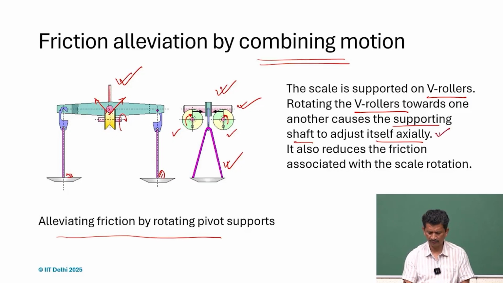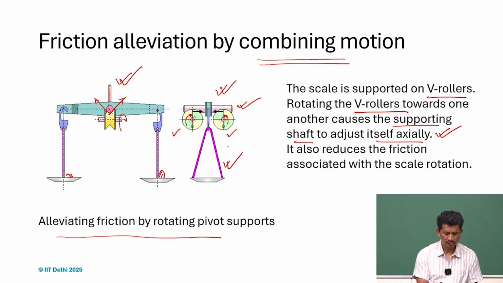So a very good design. What it also does, because it's rotating in this way, is that the friction force is in this direction, one component, but at the same time, if it's swinging, that component is also there. But primarily, most of the component, because these V rollers are now rotating, the friction force is in this direction, plus or minus direction.